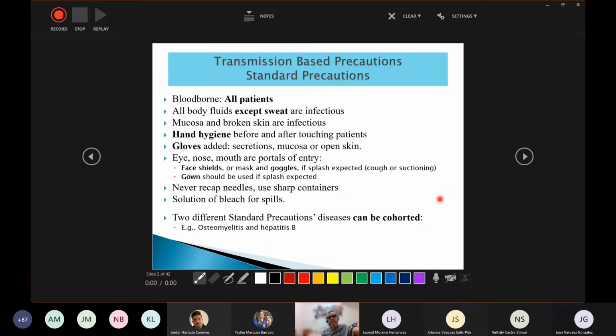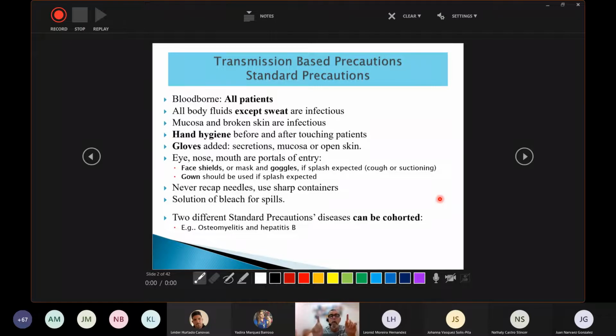You understand? So HIV is an infectious disease, a contagious disease, but its type of transmission is controlled only with standard precaution, so there is no need of isolation and they can be cohorted with other clients, infectious or not infectious, as long as it is only standard.